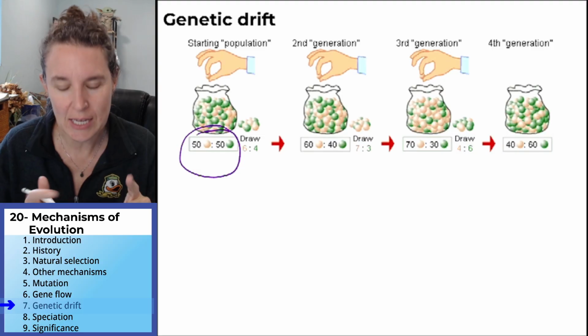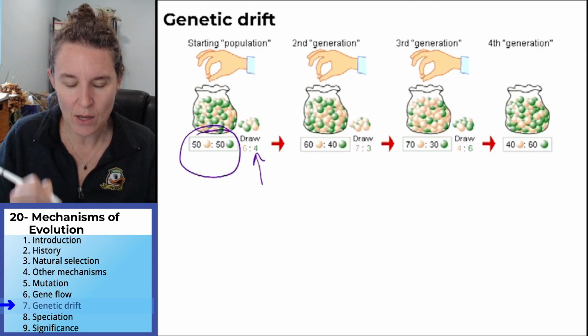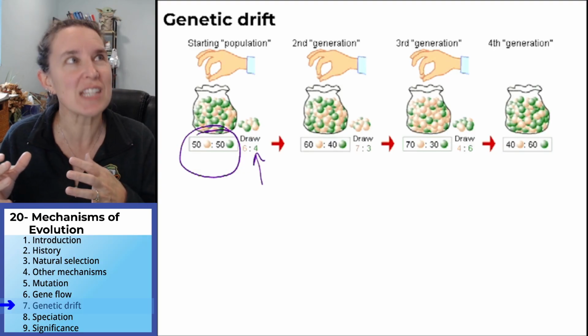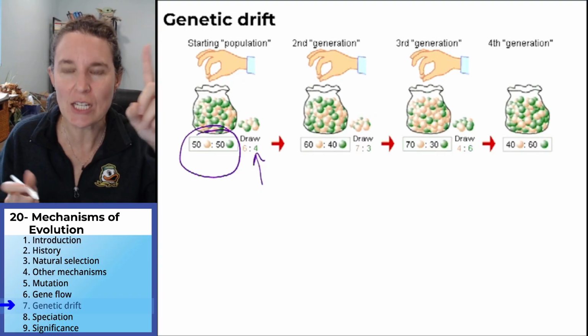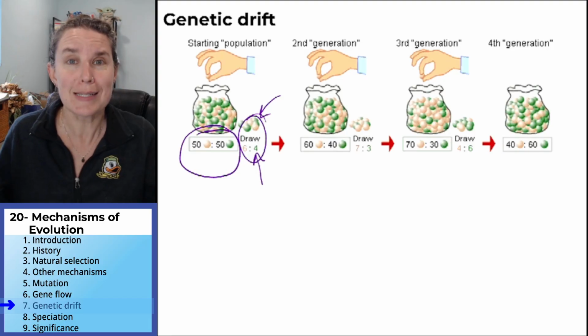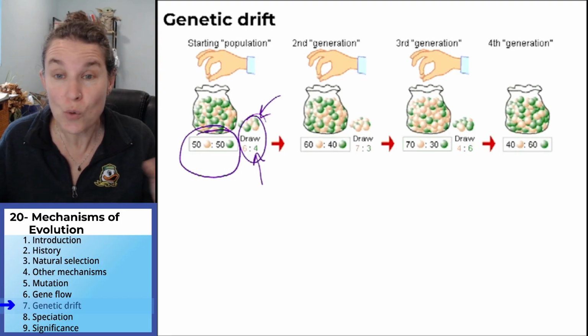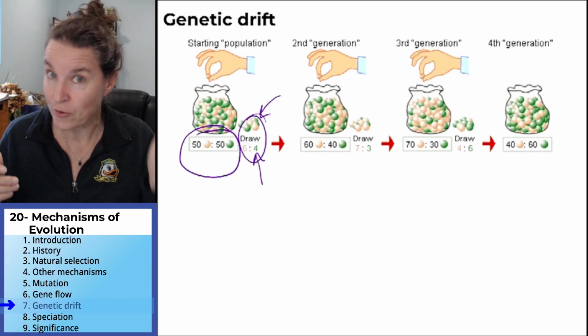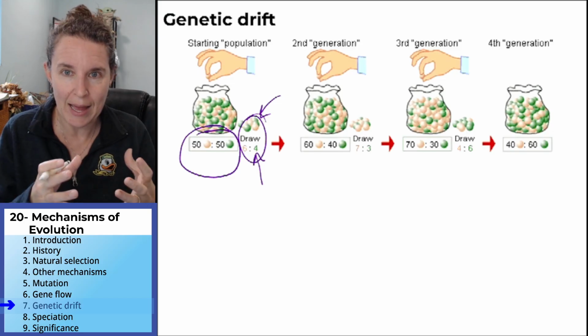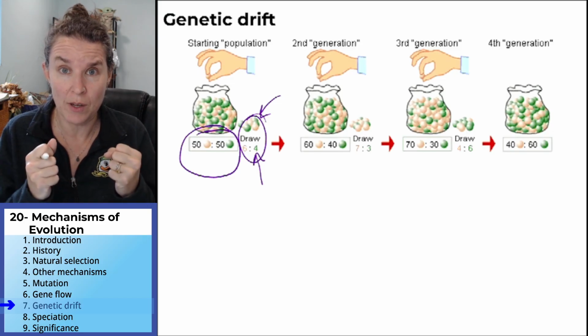Genetic drift is the change in allele frequency. If you were to draw 10 marbles out of here, you aren't necessarily going to draw half green, half brown, even though what's in the bag is half green, half brown, right?